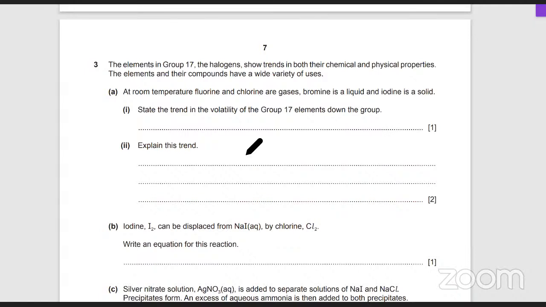सर इंक्रीज कर रही है। Increase कर रही है? Sir, decrease करेगी. वो evaporate तो नहीं हो रहा, so it's going to decrease. But fluorine is a gas. Cl2 gas, Br2 liquid. Okay, why?